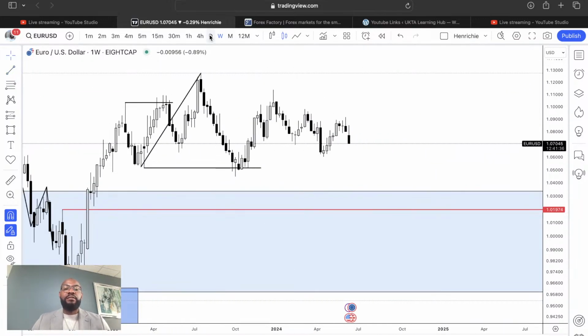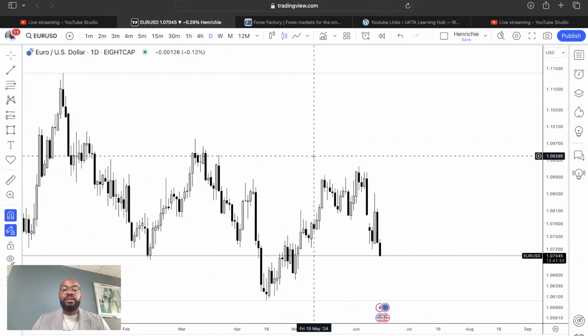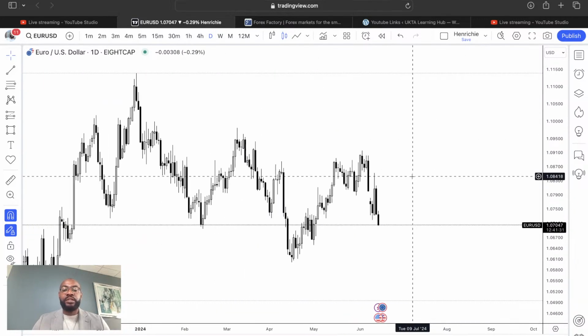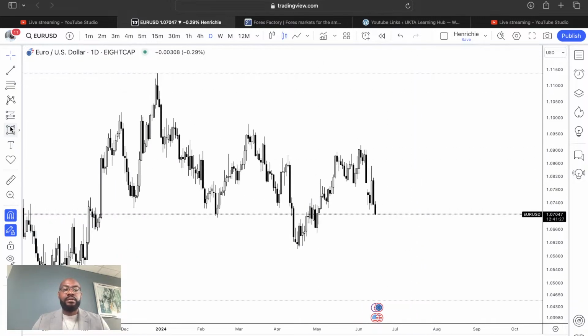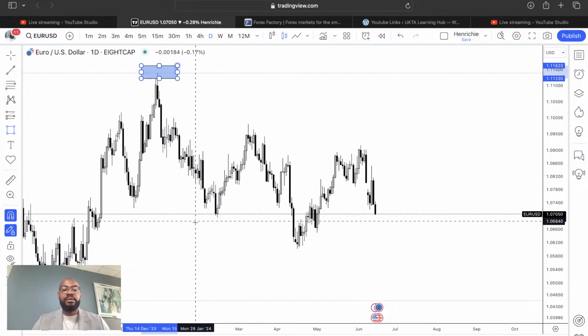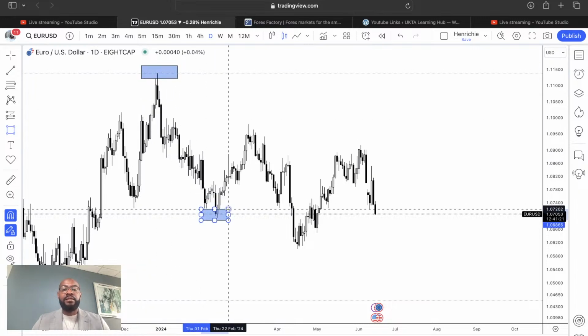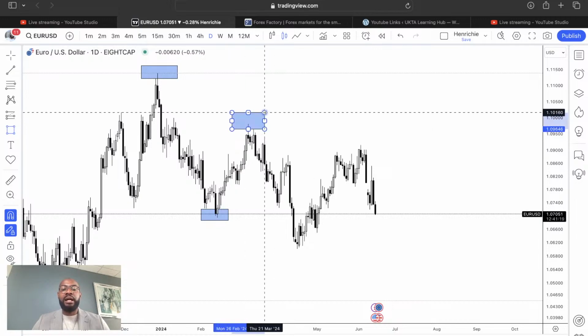So that being said, if we go to the daily time frame, you can see clearly we've been trending to the downside on daily, creating lower lows and lower highs.